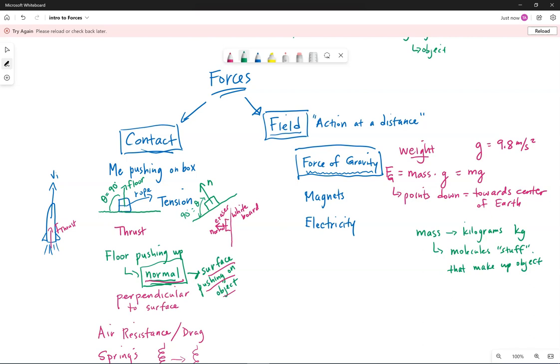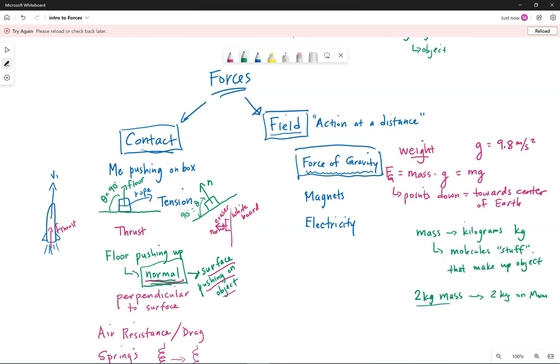So if I have a 2 kilogram mass here on Earth, and I'm an astronaut and I travel to the moon, it would still be 2 kilograms on the moon. It would be 2 kilograms on Mars. It would be 2 kilograms in the middle of outer space, nowhere near any planet or star or sun.